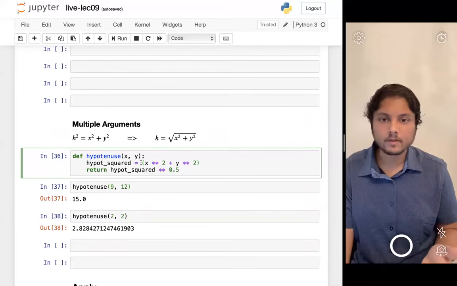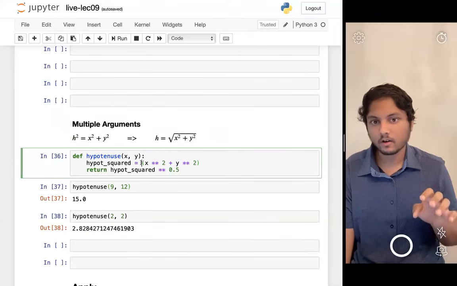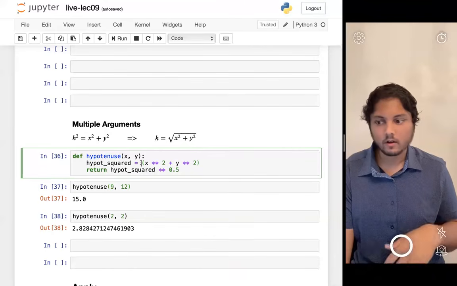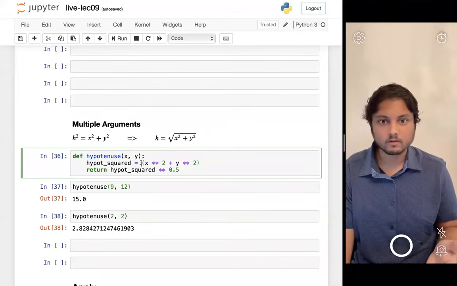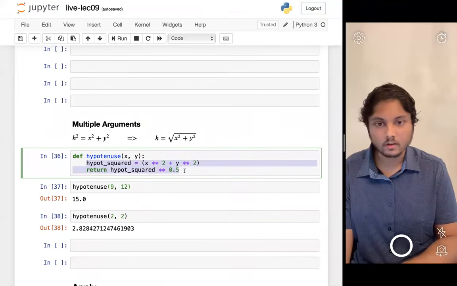Another really common time that we're going to use functions is when we find that we're running the same type of code again and again. If we're copy pasting a lot of code and running it again, but just changing a few values, and we'll see some examples of that, that's another common case where it makes sense to write a function. Because then, for example, I wouldn't have to write these two lines of code again and again.